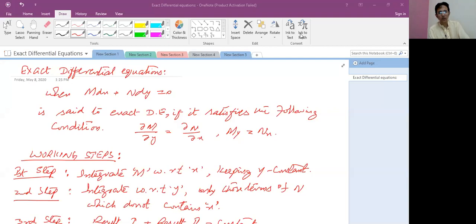If you find the partial derivative of M with respect to y and the partial derivative of N with respect to x, and they are equal, then we call the given differential equation an exact differential equation. Then we integrate, and it has some steps, students.